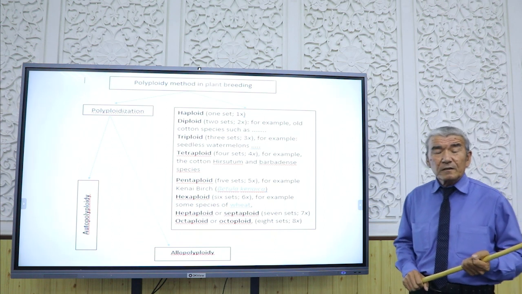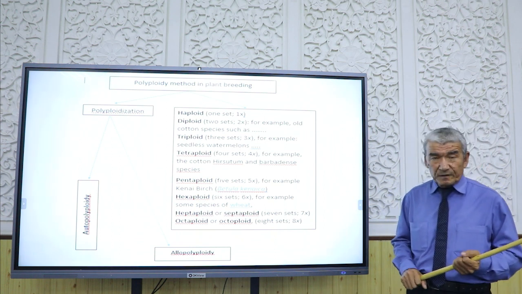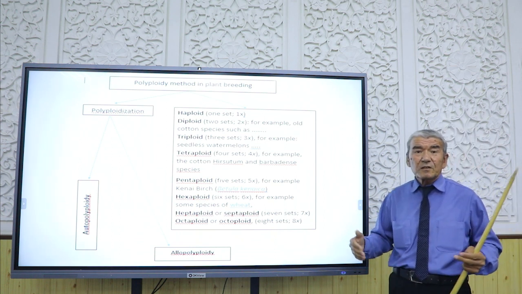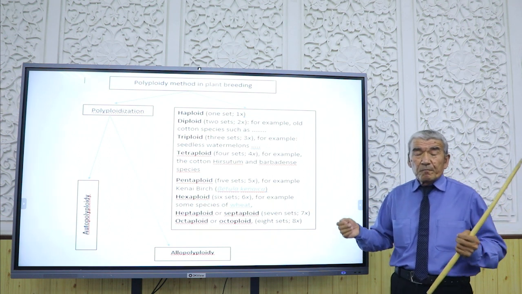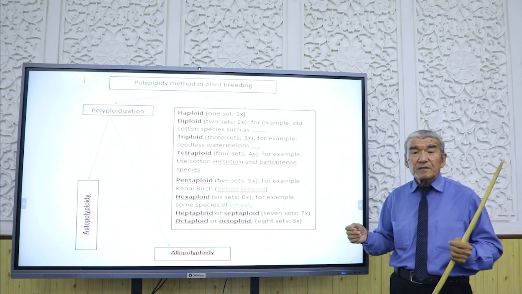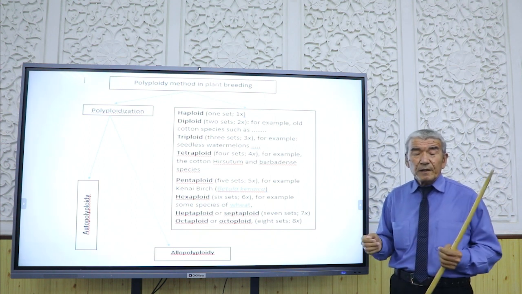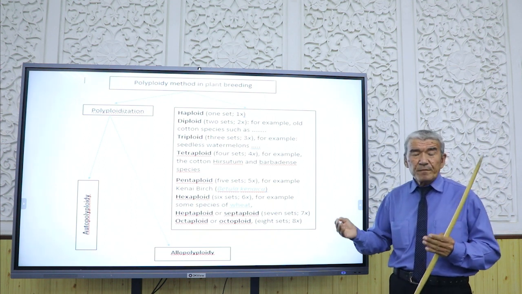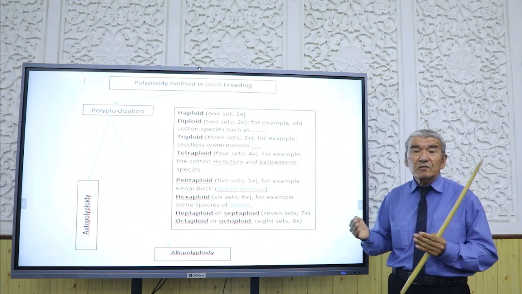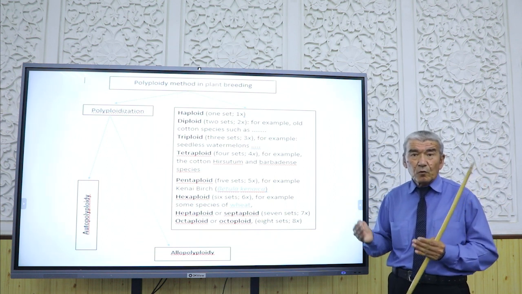We have two kinds of polyploid plants depending on their origin, because hybridization can occur between the same kind of crops and different kinds of crops.